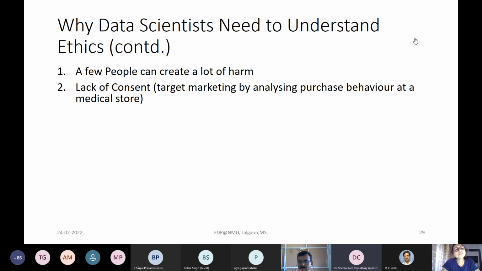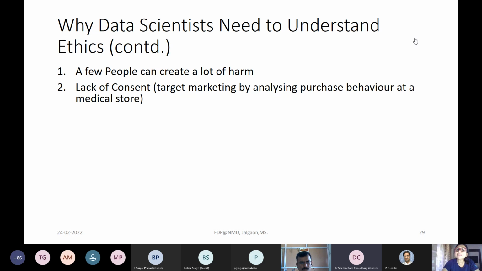So he was very angry with this medical company: why are you giving me these coupons? Nobody is pregnant here, what should I do? And he went and fought with the chemist, saying how can you do this, why are you target marketing? Believe me, the algorithm knew before the father that the 17-year-old, his daughter, was pregnant.